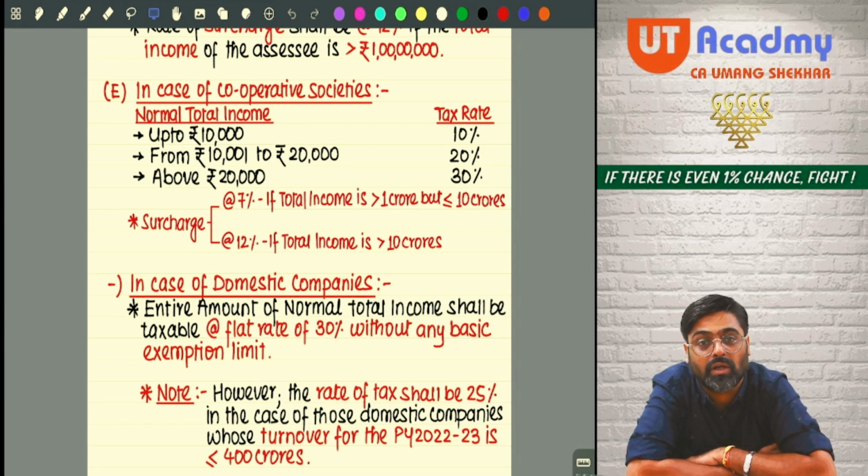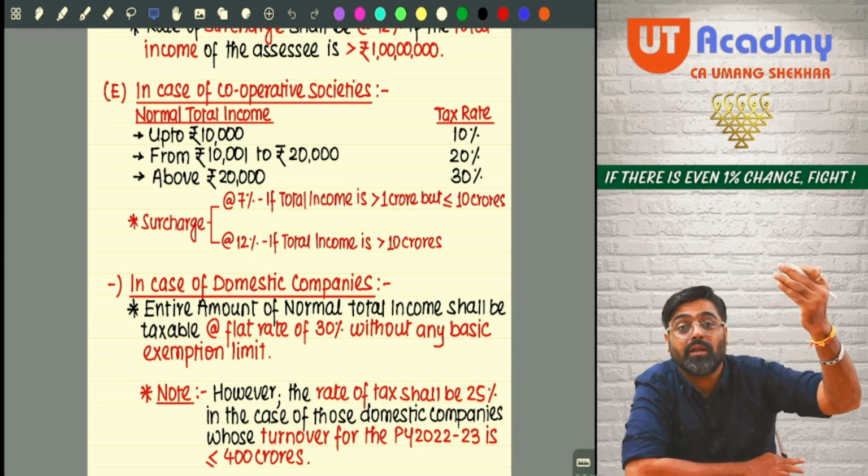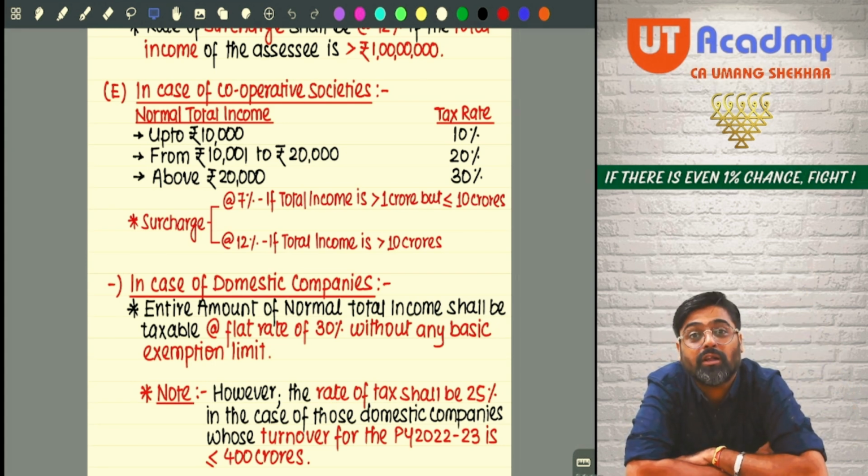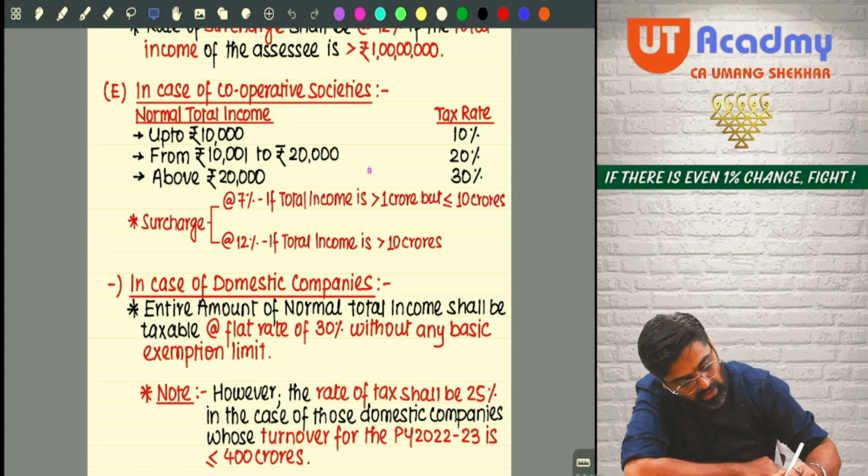And what is the total income over and above 20,000? Total income is 5 lakh. So how much is the total income over and above 20,000? It is 4,80,000. On that 4,80,000, you will apply 30%. 30% how much tax? Come on, tell me. 30% of 4,80,000. It is 1,44,000, no? So it will be 1,44,000 here, 2,000 here, and 1,000 here.